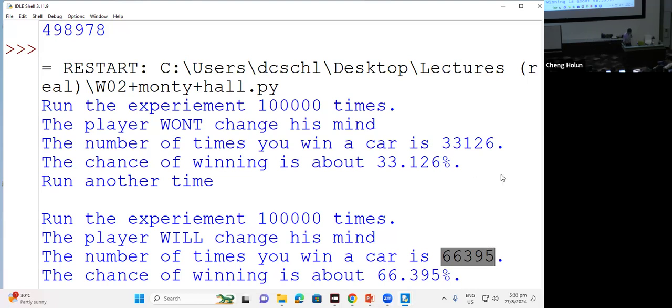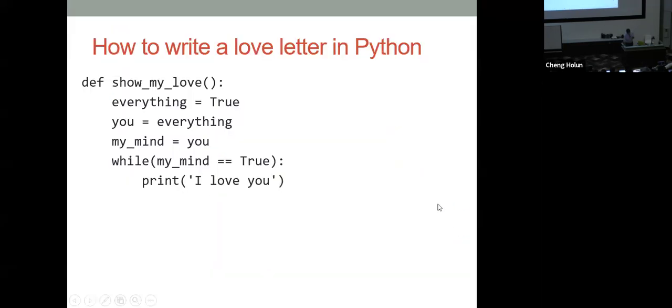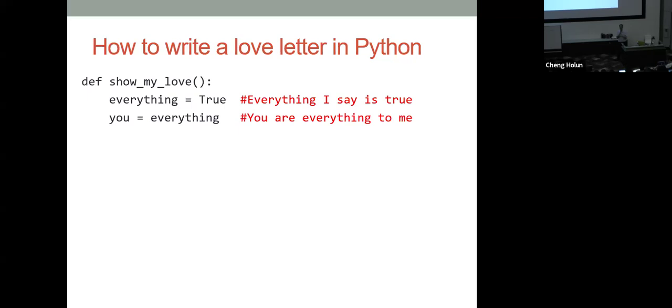Before we end, let me give you a poem. This is a love poem for you to give to your partner who also knows Python. Let's try to interpret it. This poem says, everything I say is true, and you are my everything, and my mind is all stored by you.